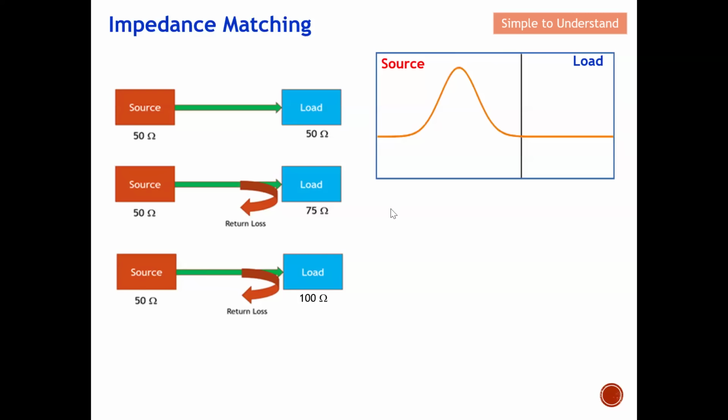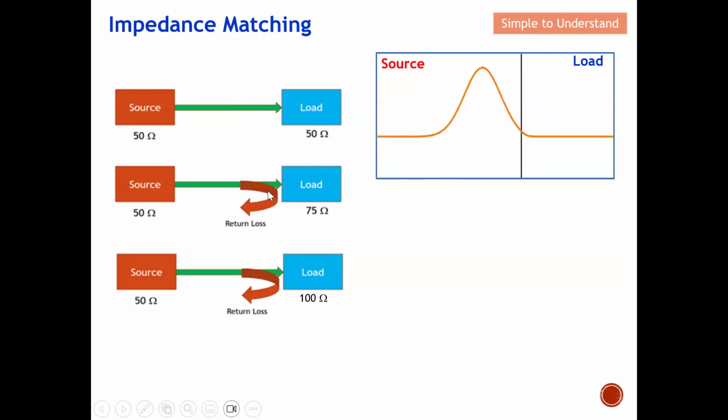Let's take a look at this animation here. This is what I mentioned earlier. Under perfect match, which means the impedances match, all the power from the source will be able to be delivered to the load. Under this situation here, because there is some form of mismatch, you can see from this diagram that from the source, some will be able to propagate to the load, while some will be reflected back.